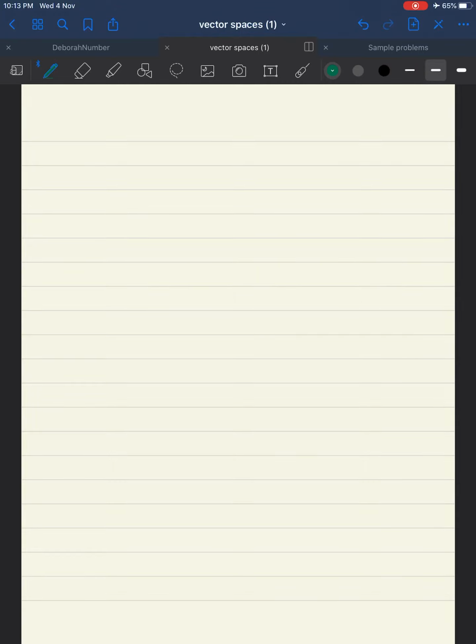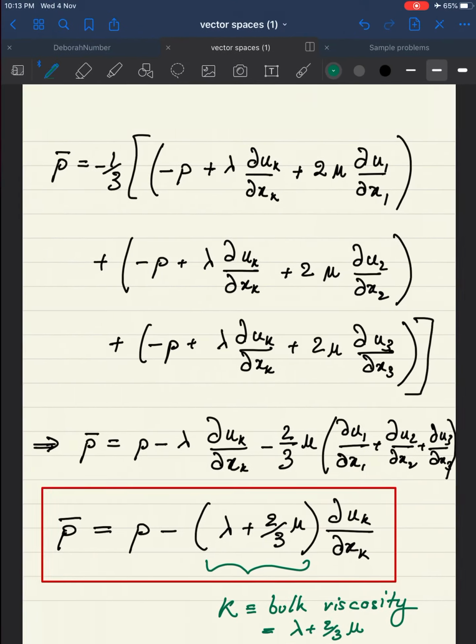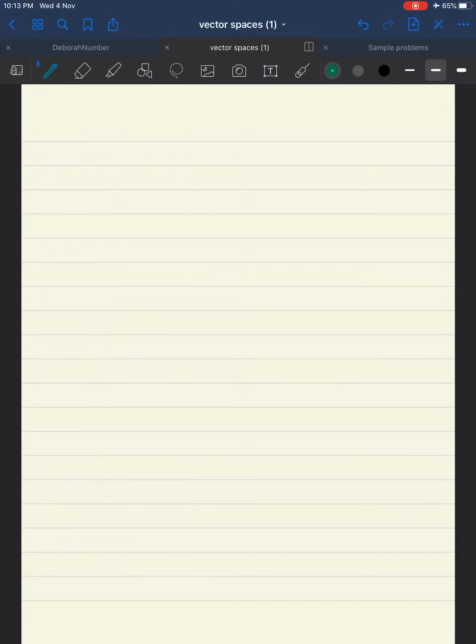Now in general, this shows you that the thermodynamic pressure is not the same as the mechanical pressure when the fluid is in motion. There is this additional term which comes up. So your thermodynamic pressure P is P bar plus lambda plus 2/3 mu times the divergence, so the thermodynamic pressure is greater than the mechanical pressure.